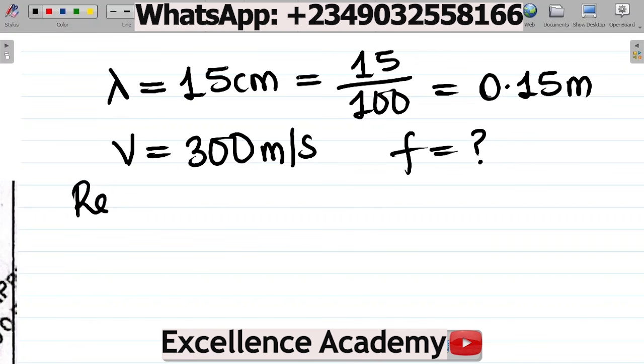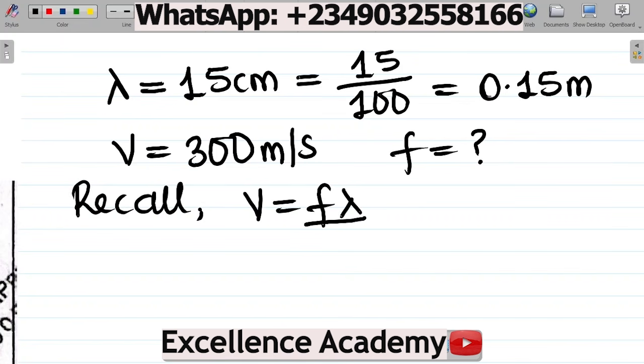Now let's recall the formula for this question. Recall that velocity V is equal to frequency times wavelength. To get frequency, divide both sides by wavelength. This cancels this. So frequency will be equal to the ratio of velocity to wavelength.